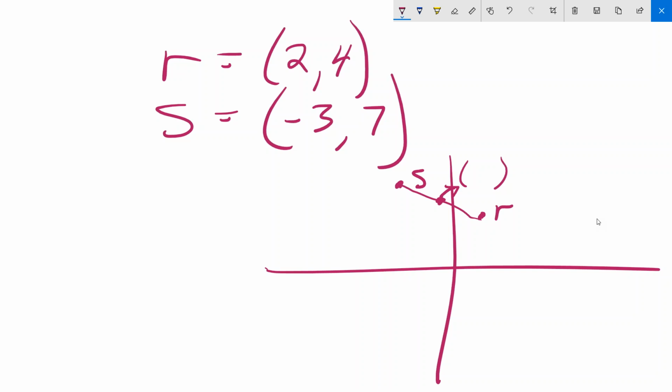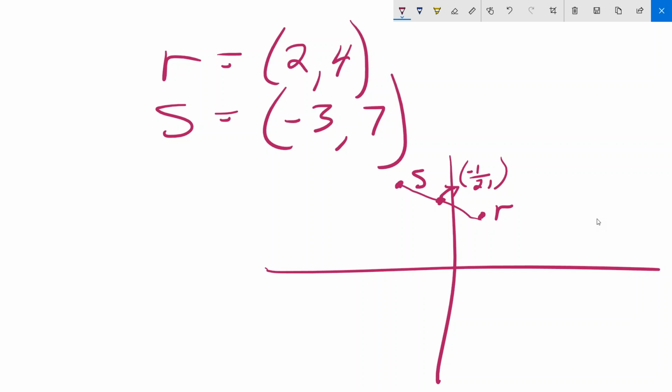So -1 is the x, and then... Hold on. Add the 2 coordinates. What do you get? -1. Divide by 2, what do you get? -1/2. That's the x-coordinate of the midpoint.